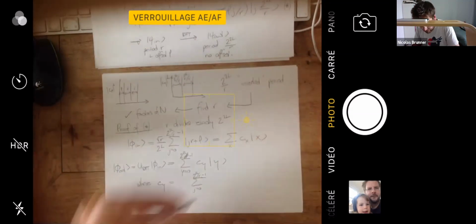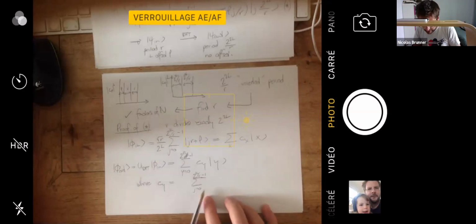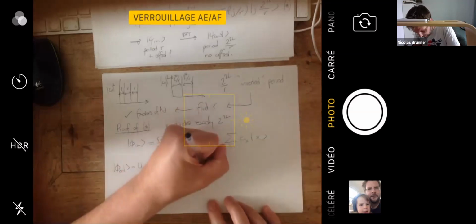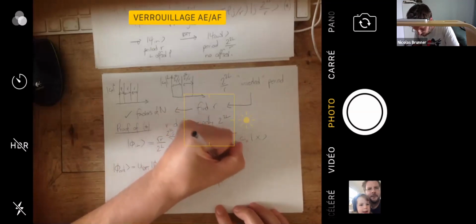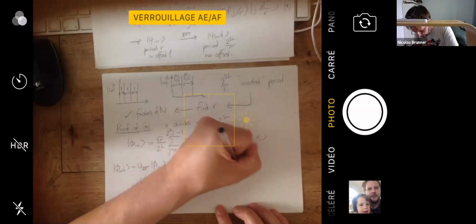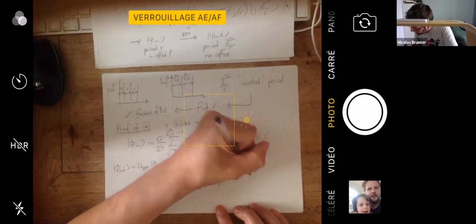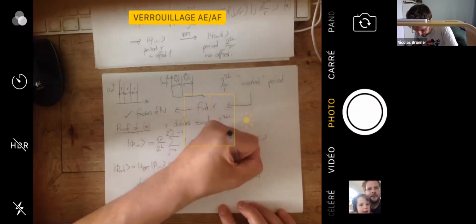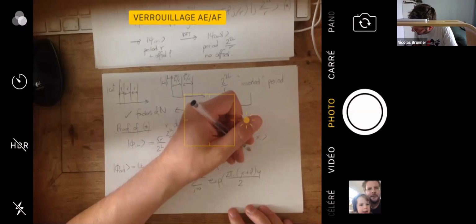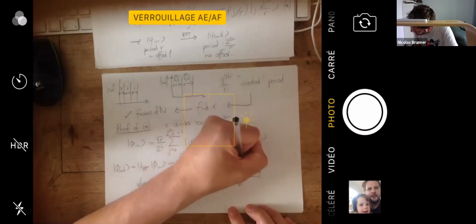That's why I have this sum over J, and what I have in there is the exponential of 2 pi I J R plus L times Y, all divided by 2 to the 2L.